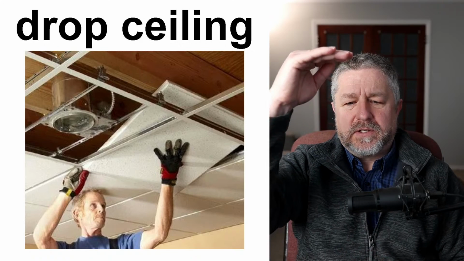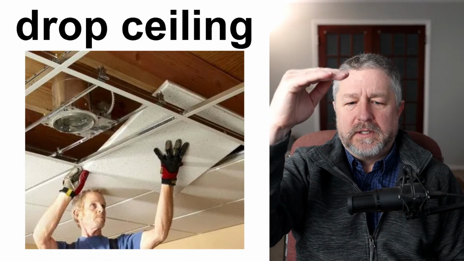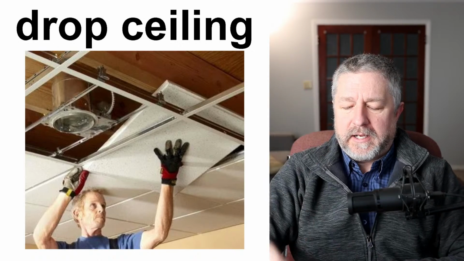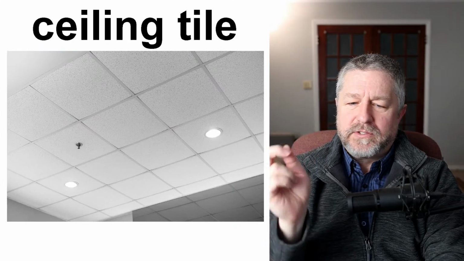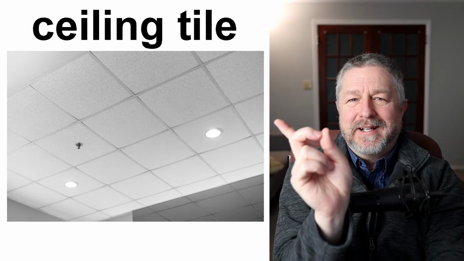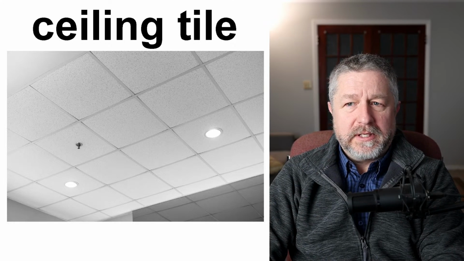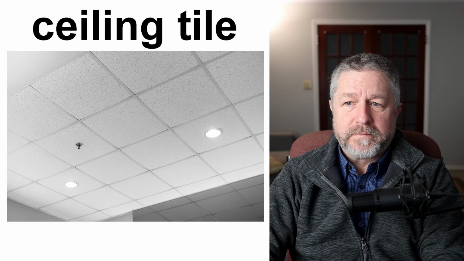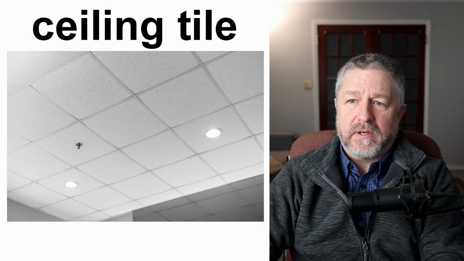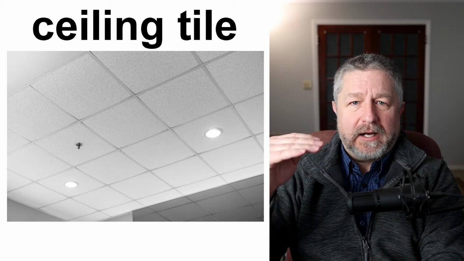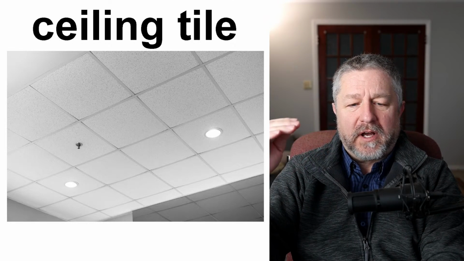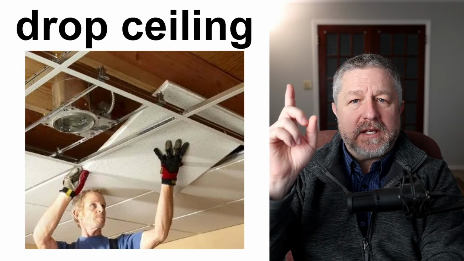That means they installed a metal grid, and they put ceiling tiles into that grid. The reason this is common in a building like a school, or maybe a government building or a factory, is it allows you to easily remove the tiles to get at what's in the ceiling.